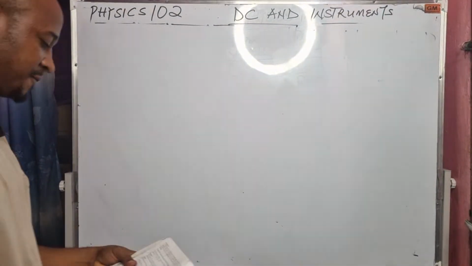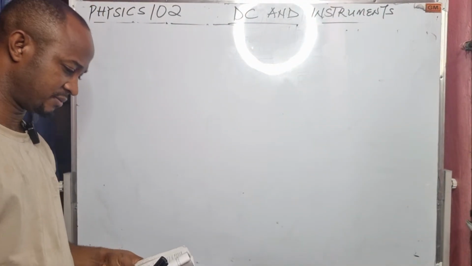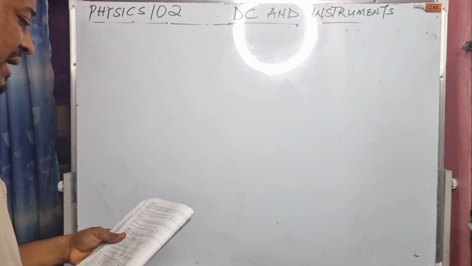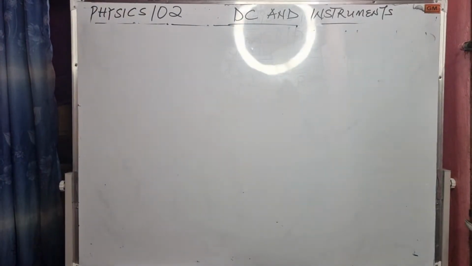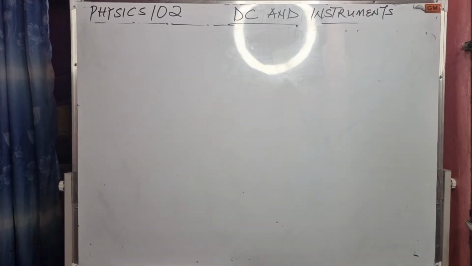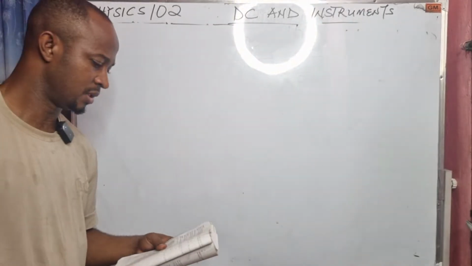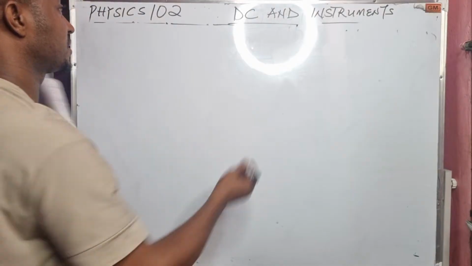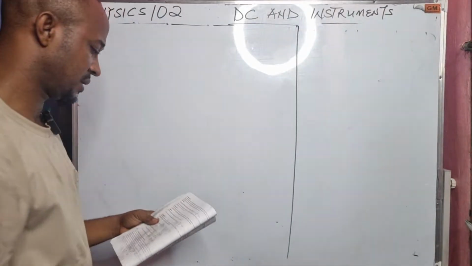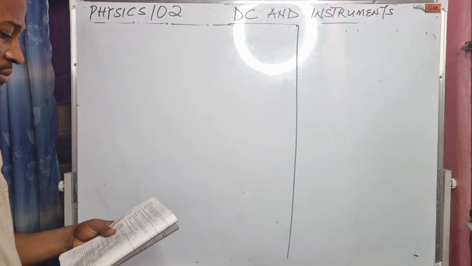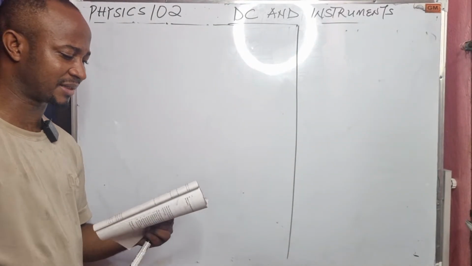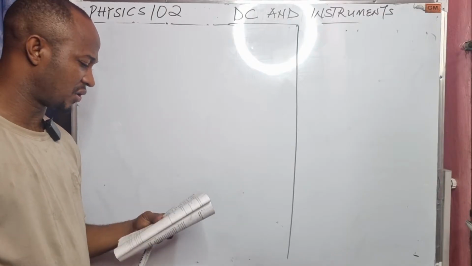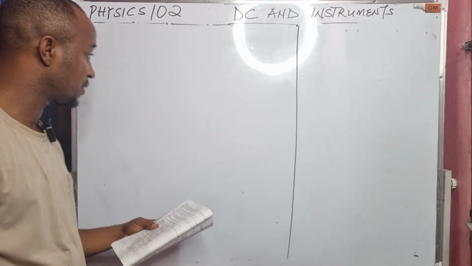We have a question that says three resistors, 2 ohms, 6 ohms, and 9 ohms, are connected in series, and a 120 volt battery is connected across the combination.